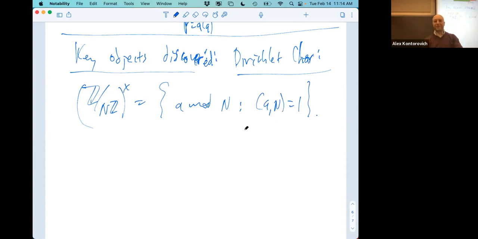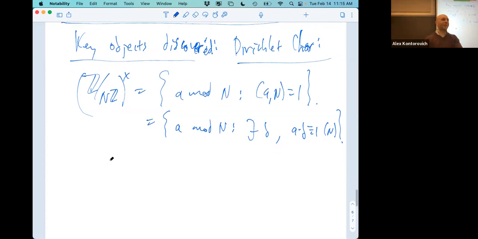This is equivalent to the set of A mod n such that there exists a B with A times B congruent to 1 mod n. This again is the Chinese remainder theorem. So this is a finite, locally compact, in fact compact, abelian group.